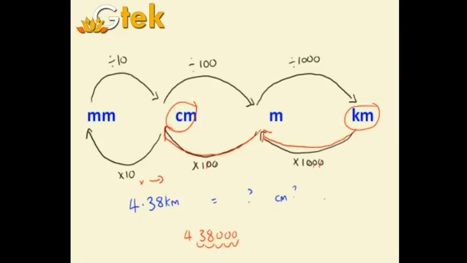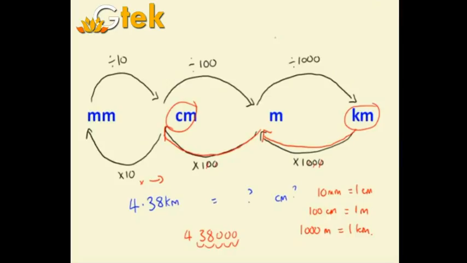Let's see another example. If it is 10 millimeter, before that we will see the basic idea, that is 10 millimeter is equal to 1 centimeter, 100 centimeter is equal to 1 meter, and 1000 meter is equal to 1 kilometer. The reverse order I had written, right?